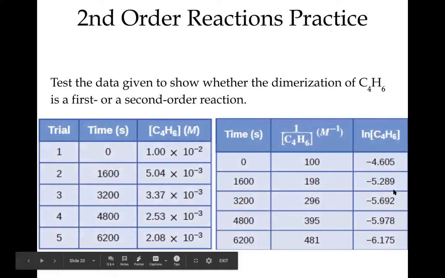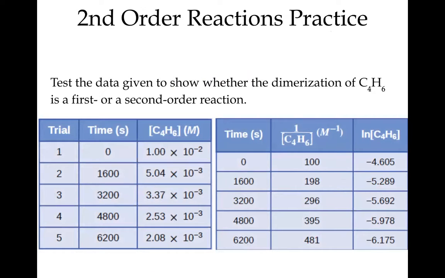So let's say we have these data and we want to know if it's first or second order reaction, okay? Again, we have butadiene here, so keeping it consistent, and they give us these 2 data tables.